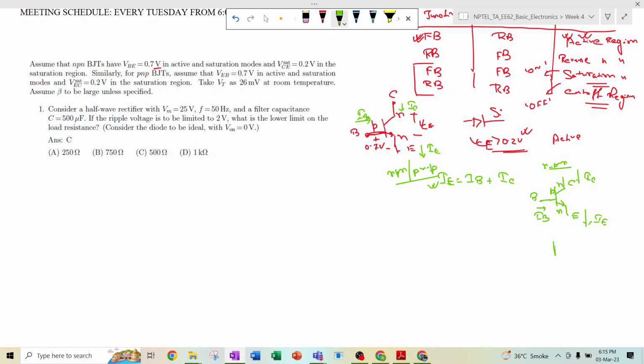And in case of a PNP transistor, suppose this is P, this is N, this is P, and this terminal is the emitter terminal, this is the base terminal, this is the collector terminal. The current flowing into the emitter terminal divides into two parts, which are IB plus IC. So for either of these two types of transistor, IE is always the summation of IB plus IC.